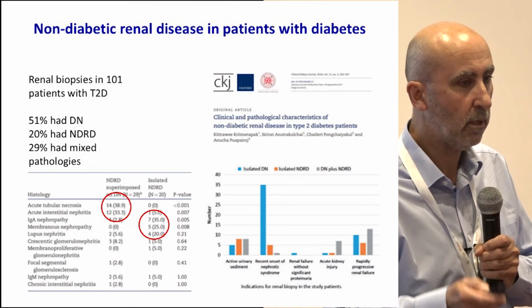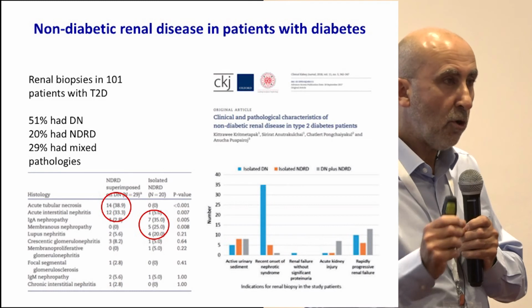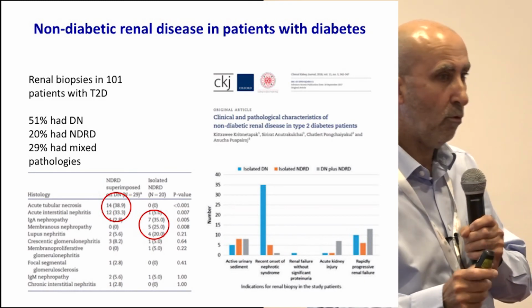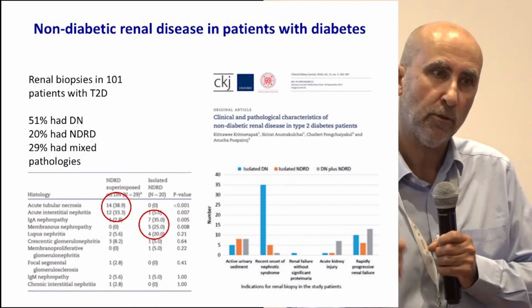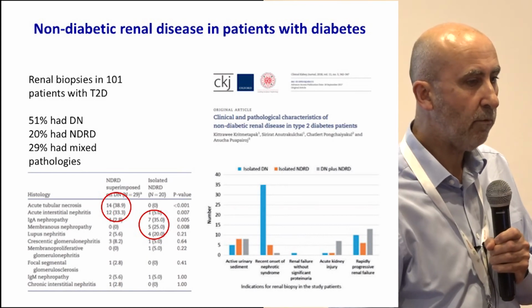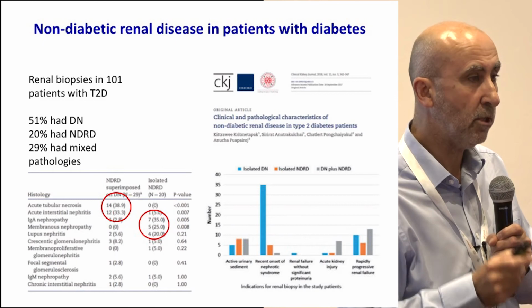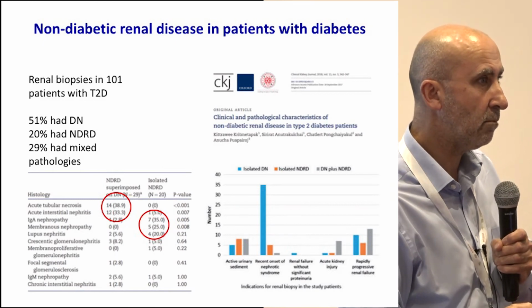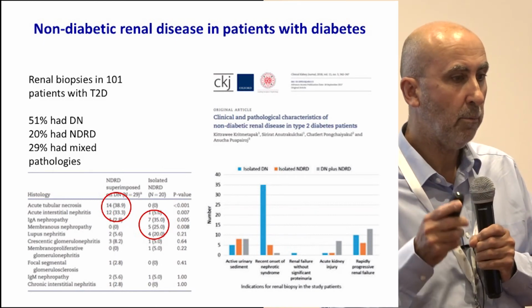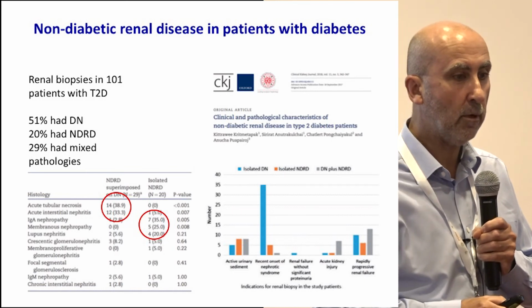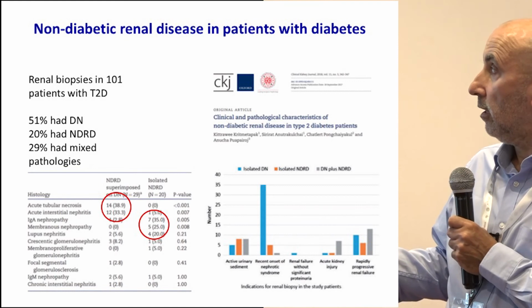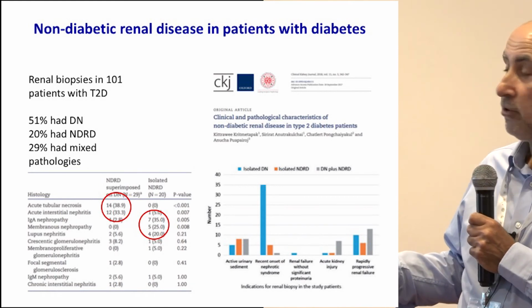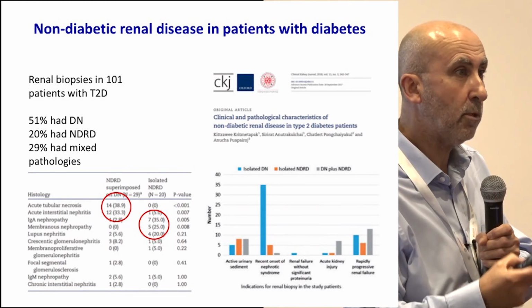The most common non-diabetic cause of an acute presentation was various types of glomerulonephritis and tubulointerstitial nephritis. Not surprising, maybe.